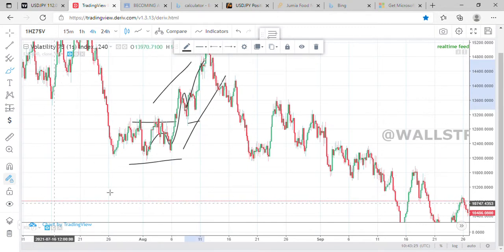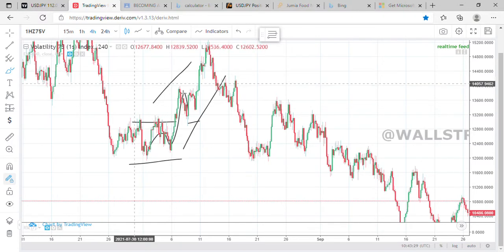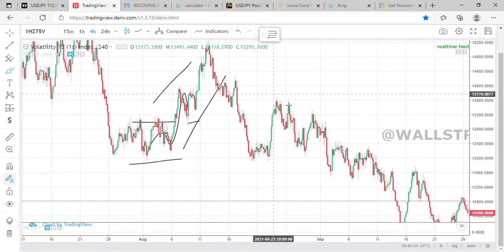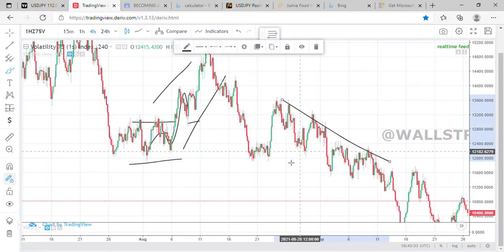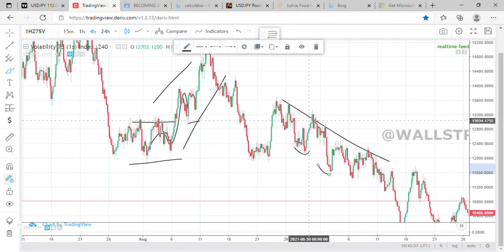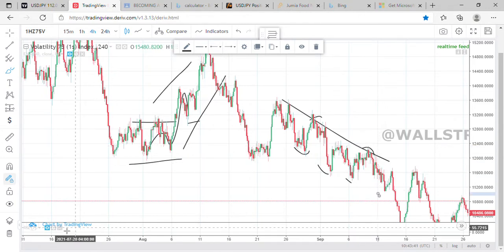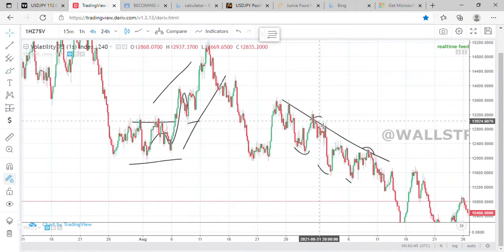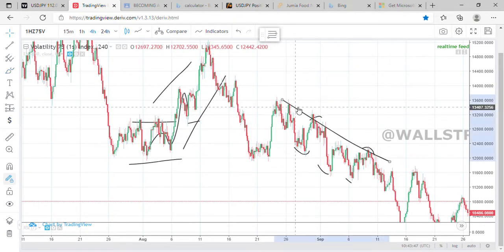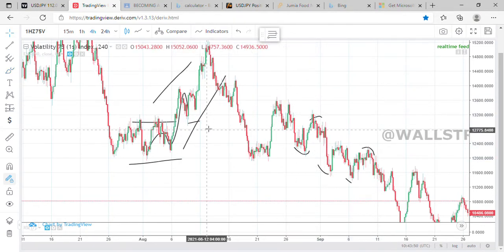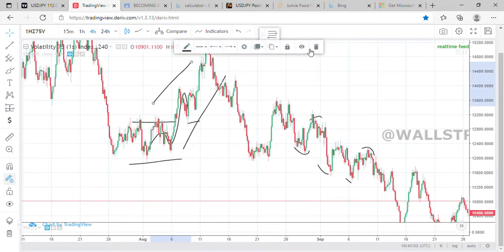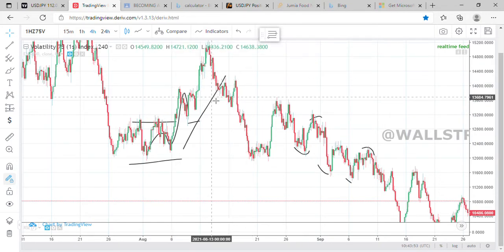Then we have the bearish market structure, which example is this market characterized by creating lower lows, lower highs, lower lows, lower highs, lower lows. So that is your two trending market structures.